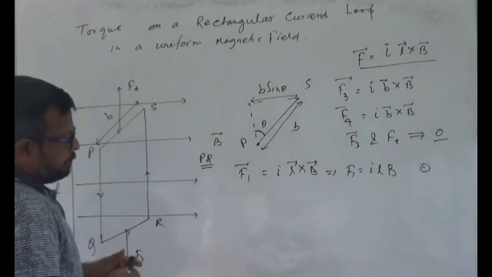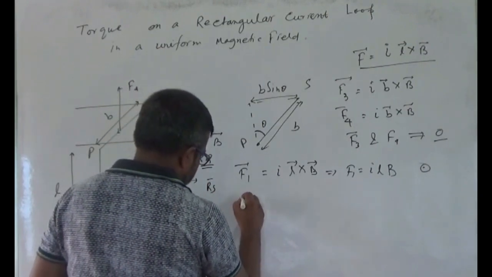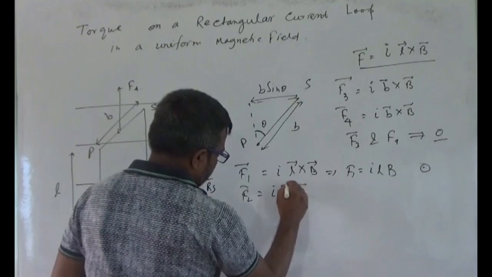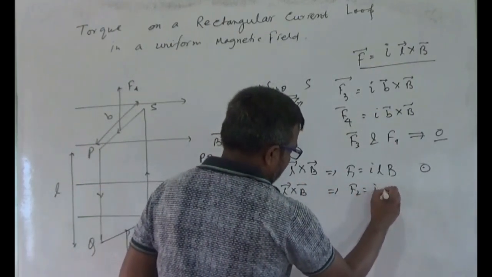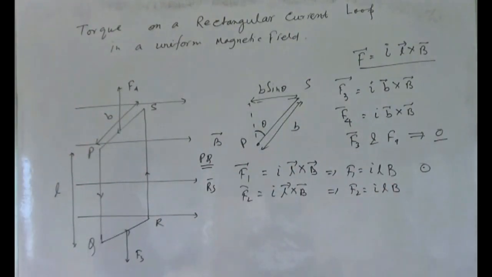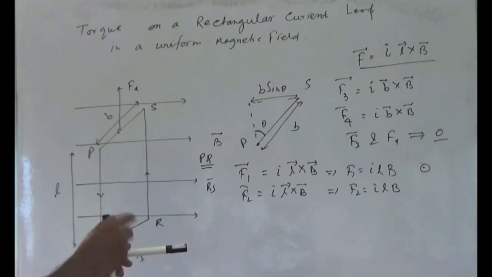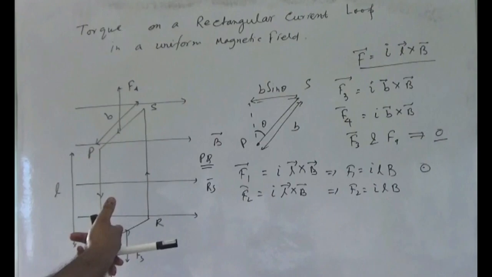The force on RS, F2, is again IL cross B, and the magnitude of that force is ILB, but what will be the direction? See here, this is B, and this is IL. Now IL cross B, you rotate clockwise, then the screw advances into the board.